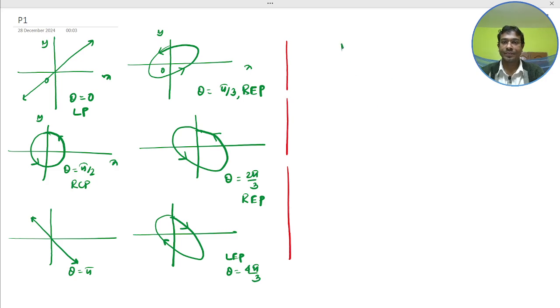Next, so this one, theta 3 pi by 2, odd multiple of pi by 2. This is the left-handed circular polarized.